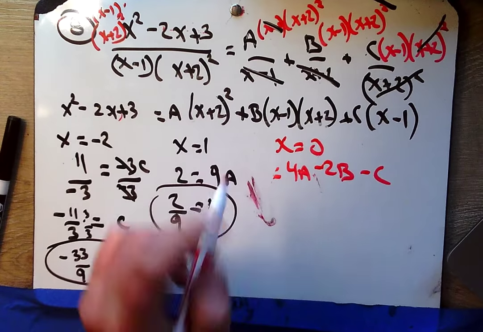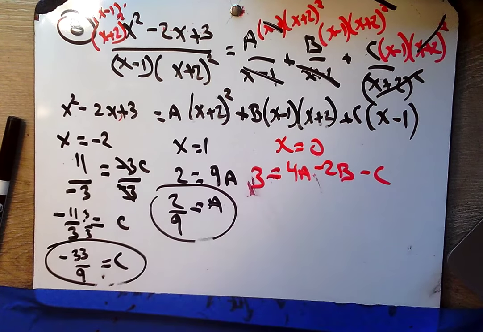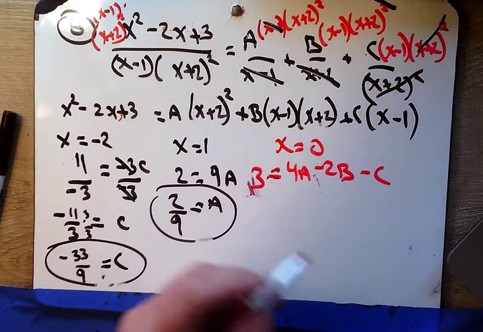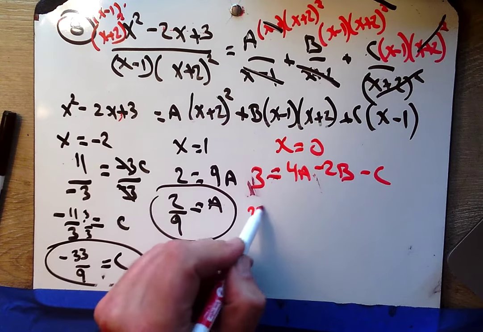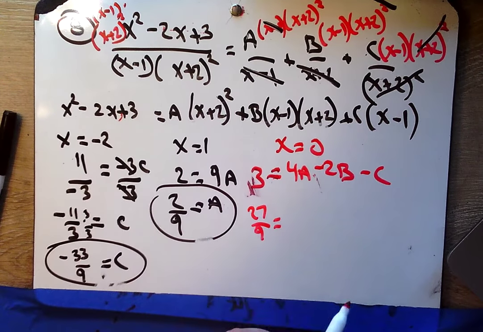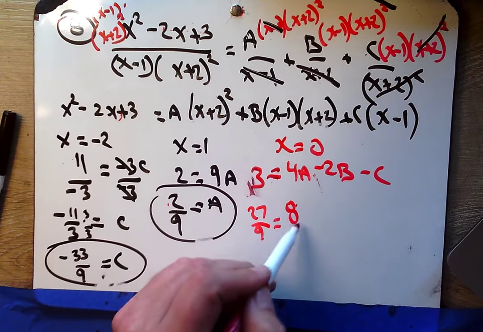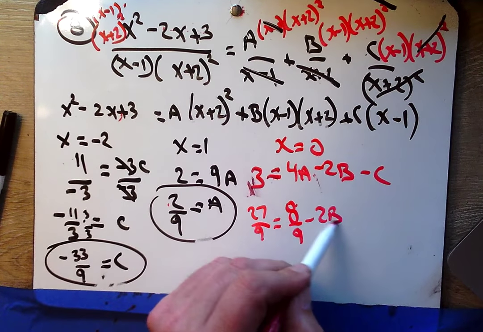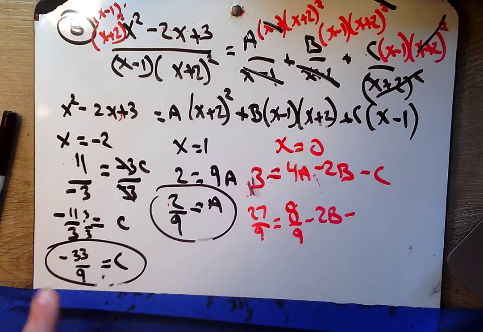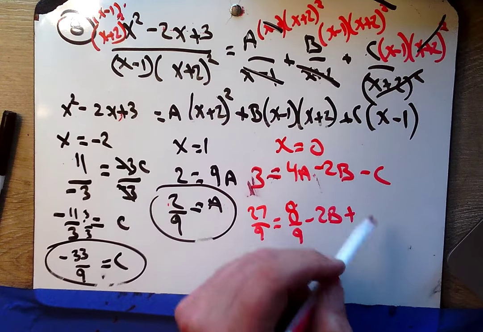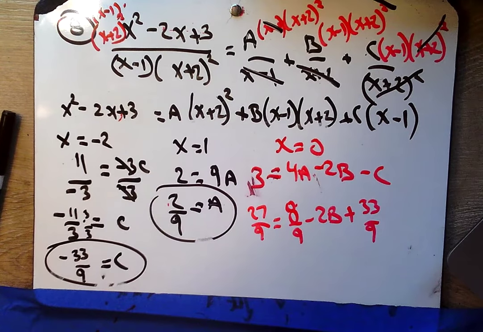Okay, so that's a 3, right? Is it a 3? Yes, because I plugged in a 0. So 27 ninths equals 4 times 2 is 8 ninths, minus 2b, plus 33 ninths.